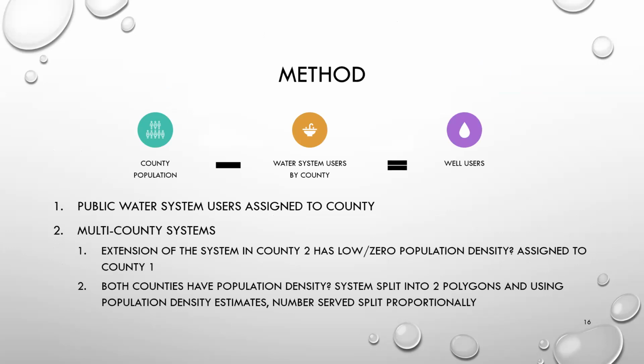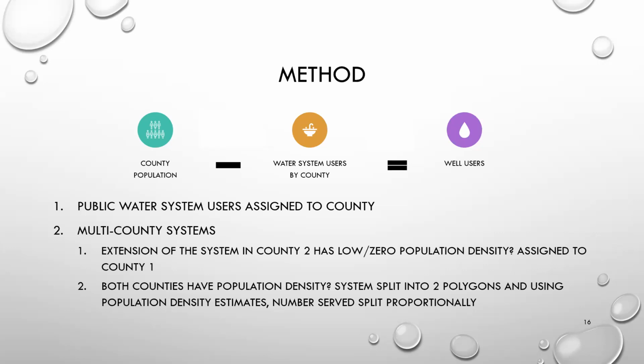So what was the method? Well, take the county population, subtract the number of water system users by county, and what's left should be your well users. So to do this, had to assign public water systems to county, and there are some that cross counties.